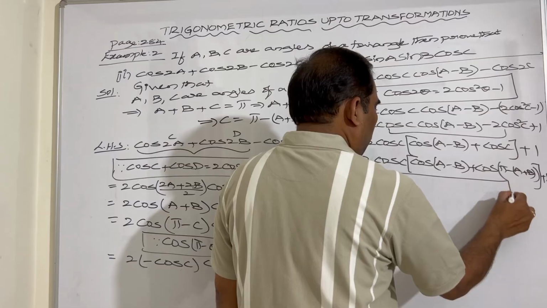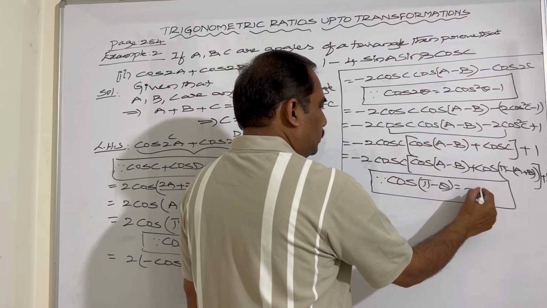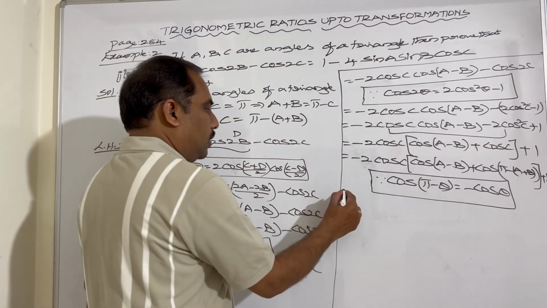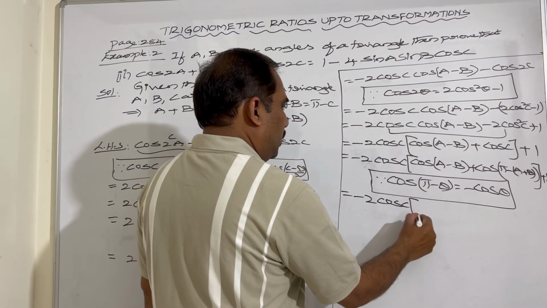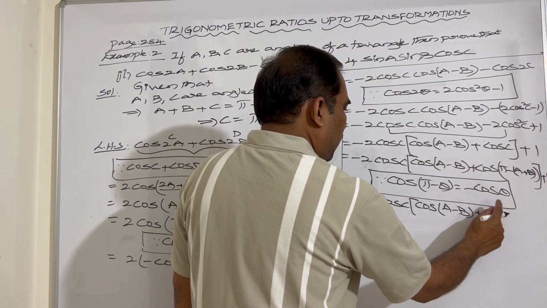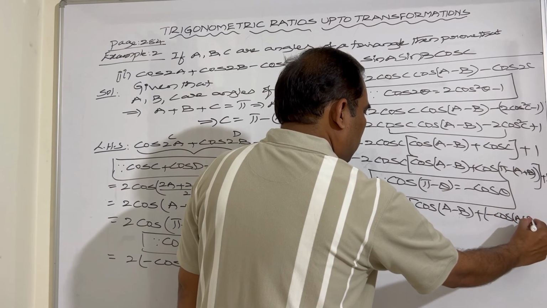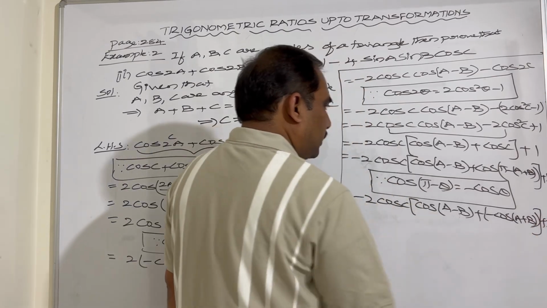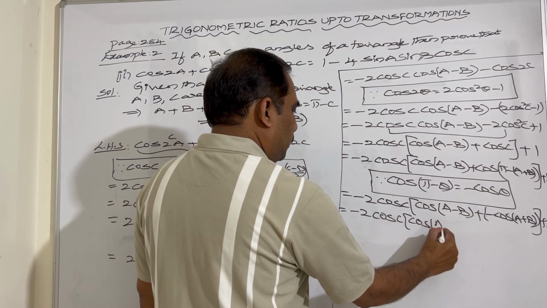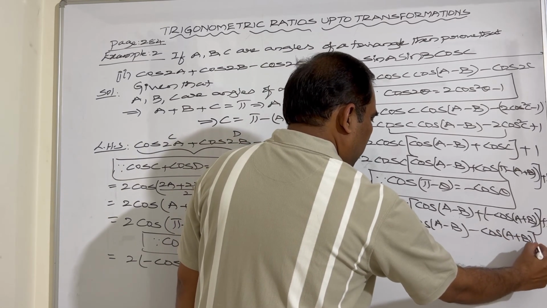Cos of pi minus theta is minus cos theta, the same property we applied earlier. So this is minus 2 cos C into cos of (A minus B), and plus cos of (180 minus (A plus B)), which is minus cos of (A plus B), and plus 1 as it is. So we get minus 2 cos C into cos of (A minus B) minus cos of (A plus B), plus 1.